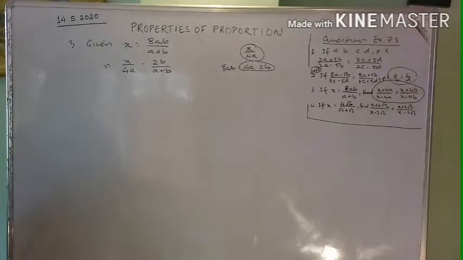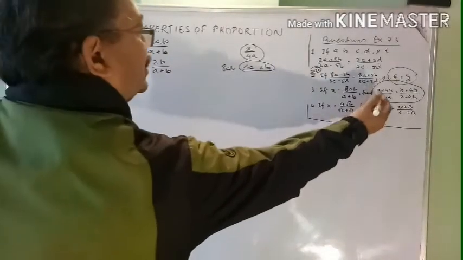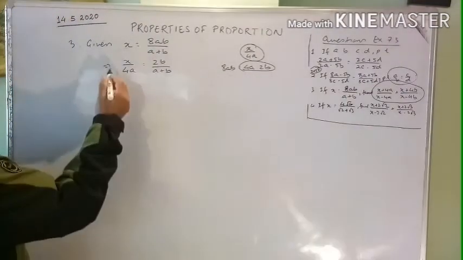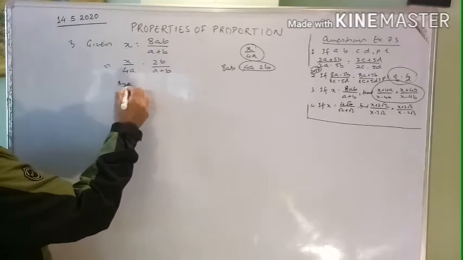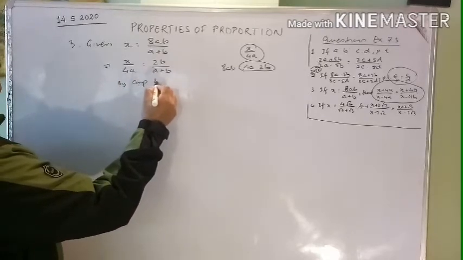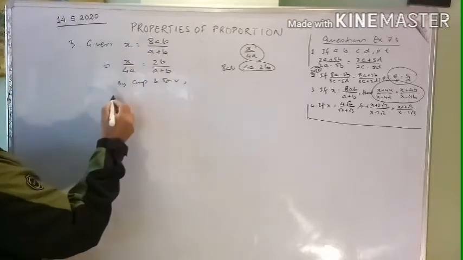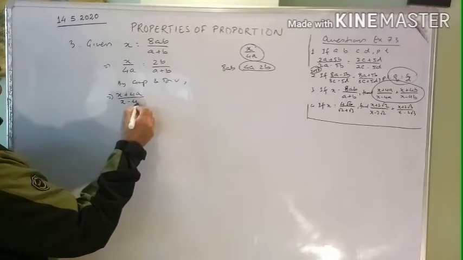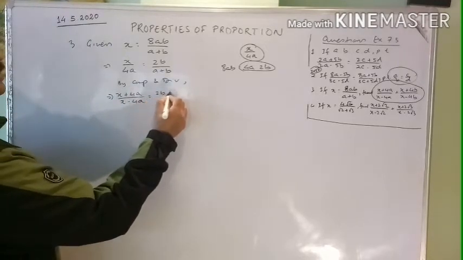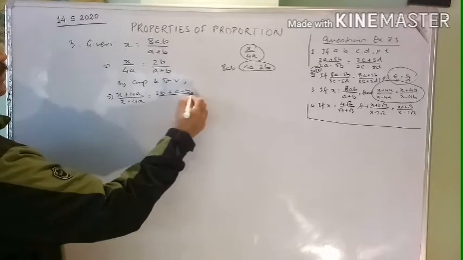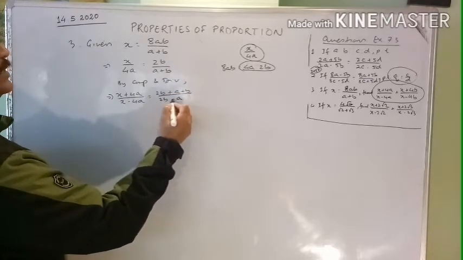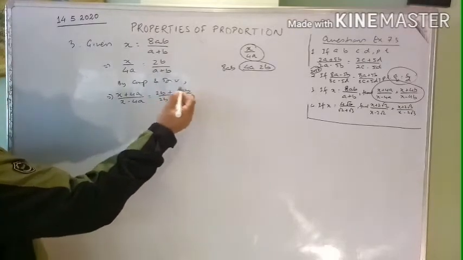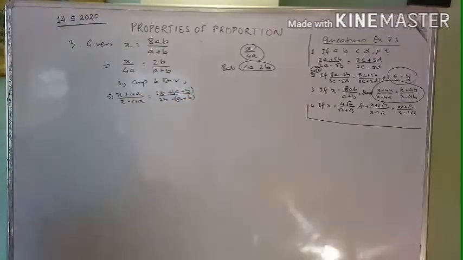Now to get this expression x plus 4a by x minus 4a, you can use componendo dividendo here. So by componendo and dividendo, what do we get? x plus 4a by x minus 4a is equal to 2b plus a plus b over 2b minus a plus b, where because of the minus we write the bracket plus b.